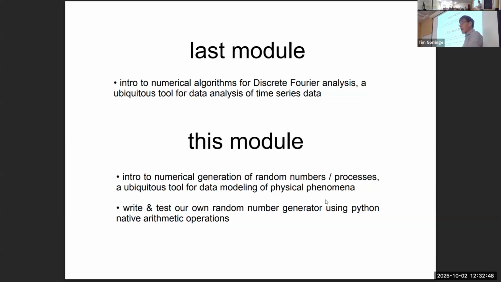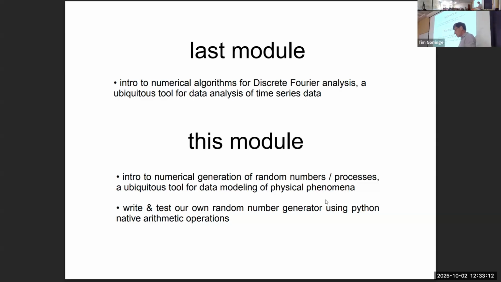So we're going to apply our ability to generate random number sequences to various different random processes. Just like Fourier analysis, random numbers are a ubiquitous tool in physics and beyond.